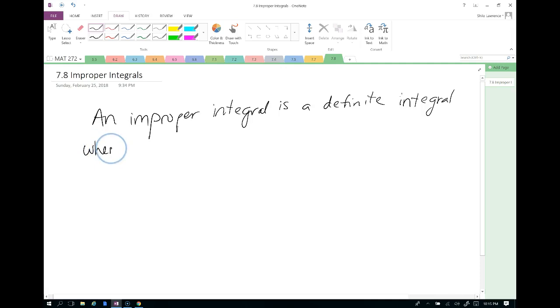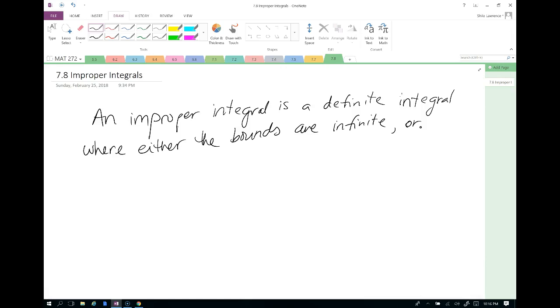So there's two things that we might see where the bounds might be infinite, so we might be trying to integrate all the way to infinity, or we could classify an integral as an improper integral if our function is going off to infinity somewhere on our interval.